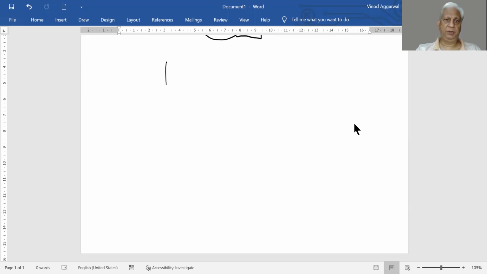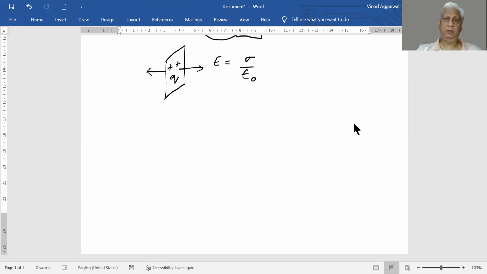Now, as we have seen earlier, if you take a very large sheet which is having charge Q, then the electric field on both the sides is the same, and it is given as sigma by 2 epsilon naught, where sigma is the charge density per unit area.